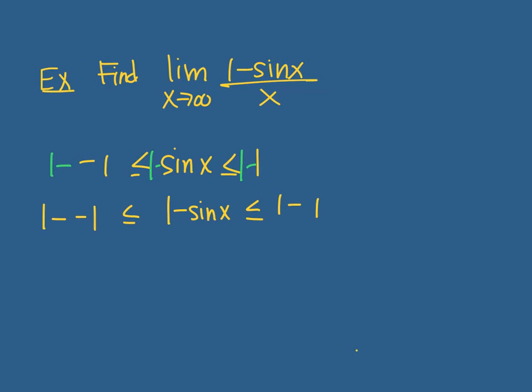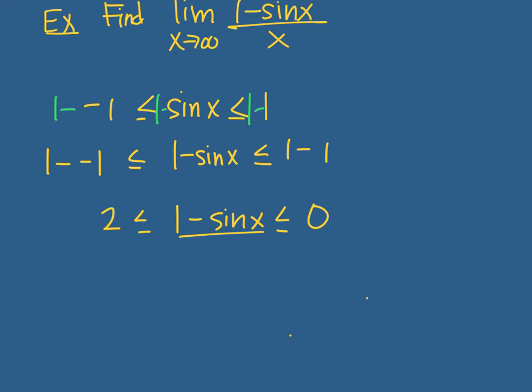So what is the lower boundary now? 2. And what's the upper boundary? 0. Now what algebraic thing do I get to be working towards the limit I need? Divide by x. So now divide all of that by x.